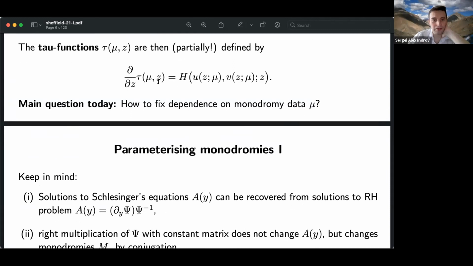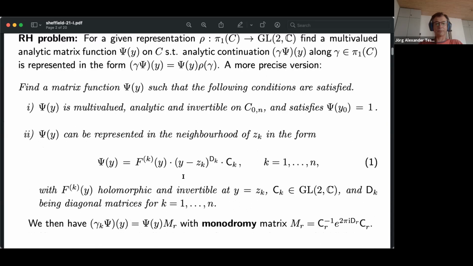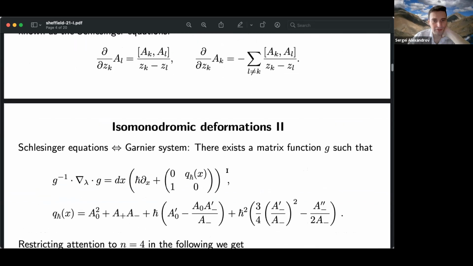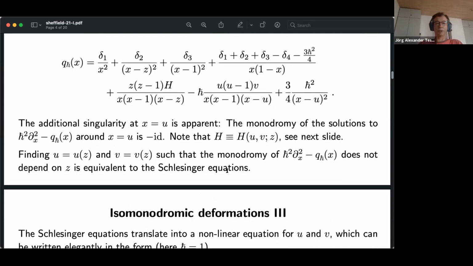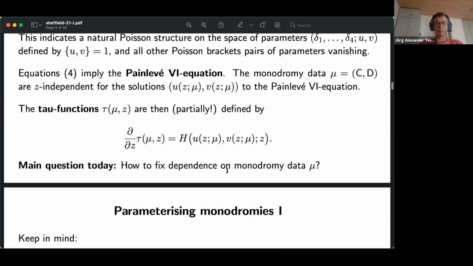In the generic case, you would have a system of equations with partial derivatives with respect to the different z_r that appeared in the beginning, or z_k. And what ensures the integrability of these equations, namely that there is a function? That's the Schlesinger equations themselves. They serve as the integrability condition. So this will be integrable exactly when the Schlesinger equations hold.